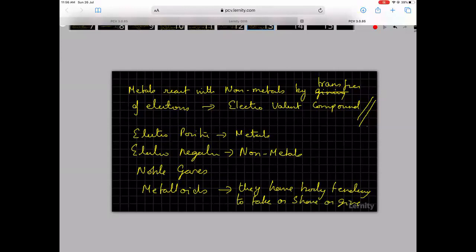They behave both like metals and non-metals.